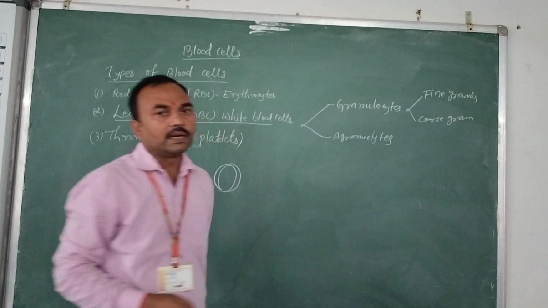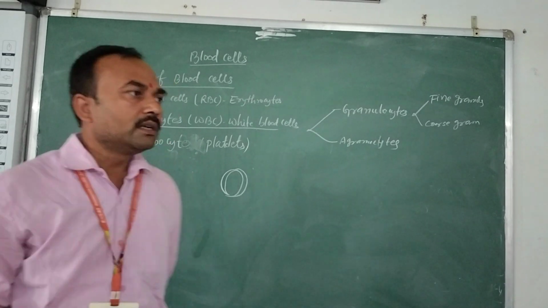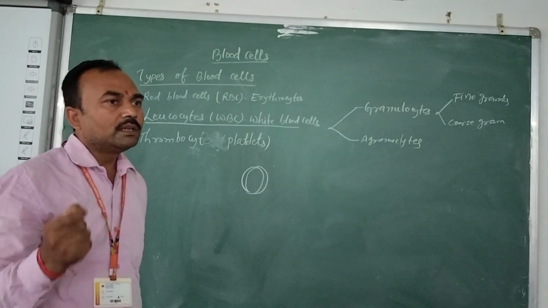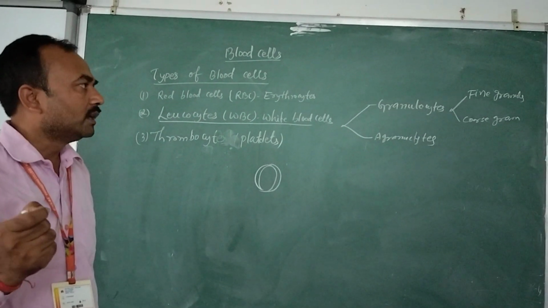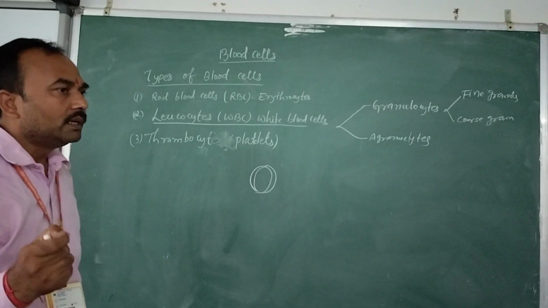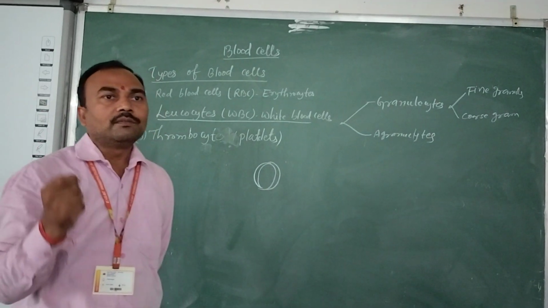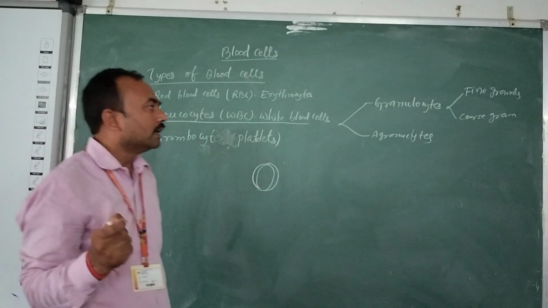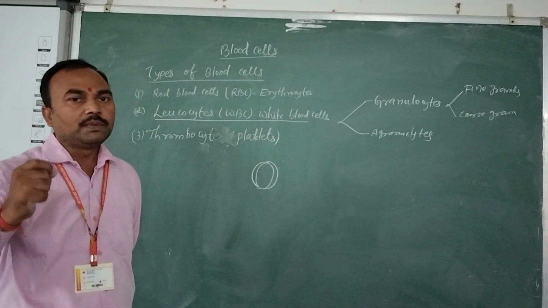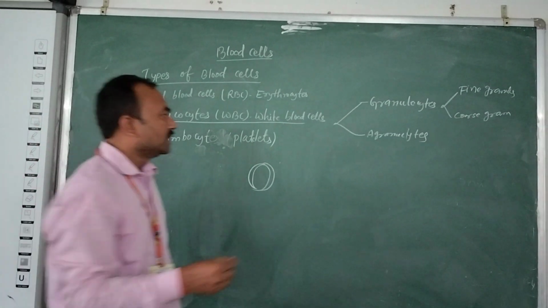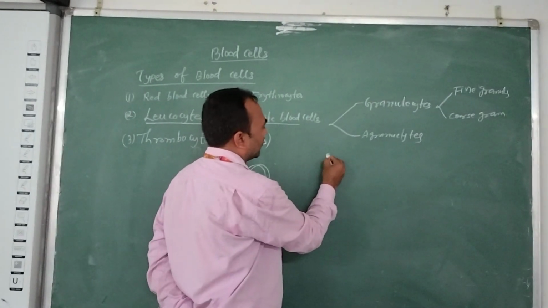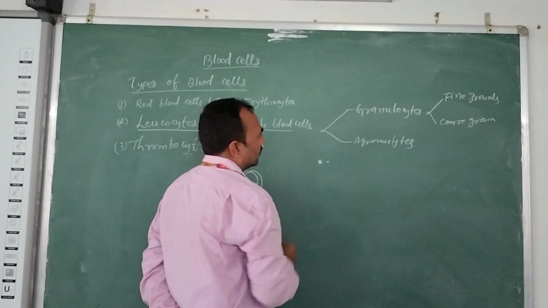What does fine granules mean? Fine granules are very minute granules that are visible only as very tiny dots, and coarse granules look larger, something like that, while fine granules look like that.